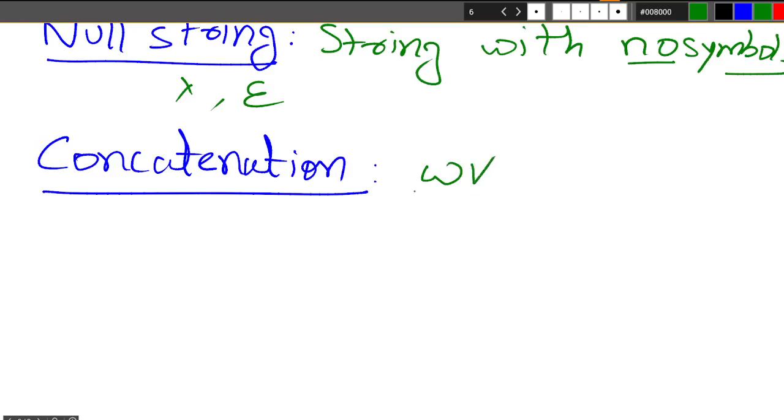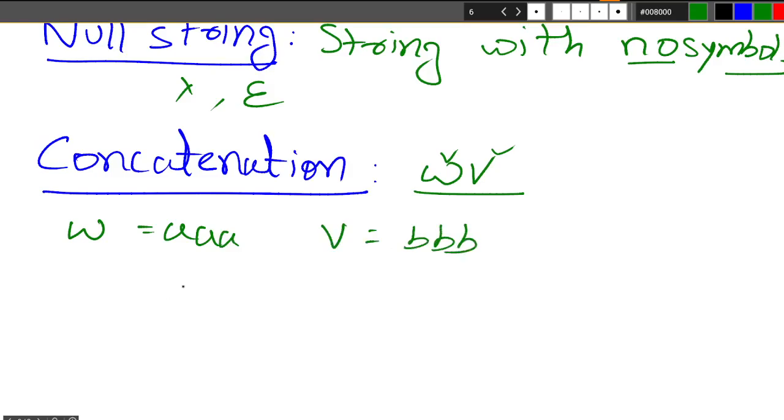Merging of two strings. Suppose you have two strings W and V. Suppose W is A and V is B. Then WV will be, can you tell me?